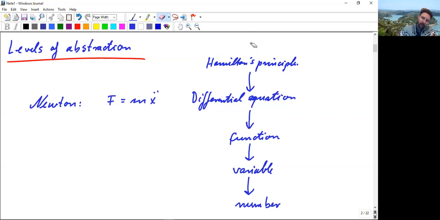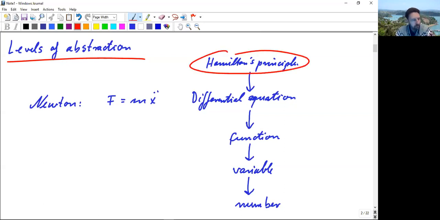Okay. But before we can go more steps up in this hierarchy of abstraction, let's figure out what this is. Remember what the challenge is.